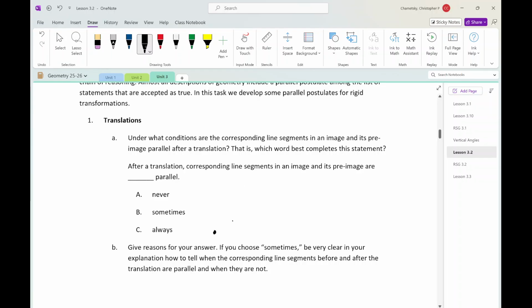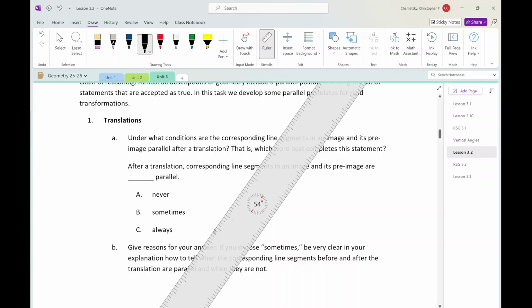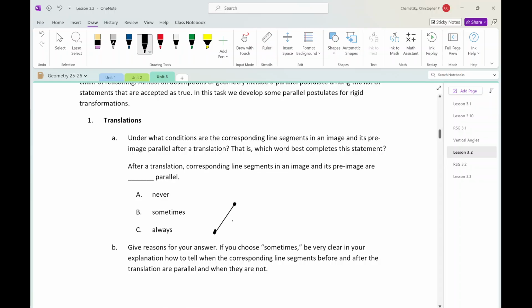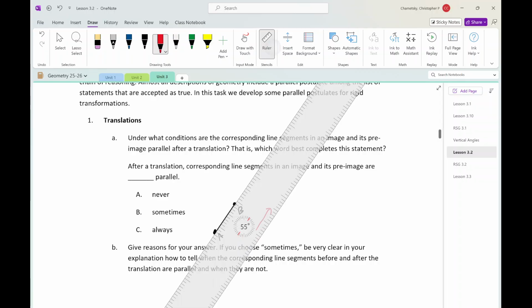Suppose I have a line segment AB, and we do a translation. So we move it maybe up and to the right some amount.